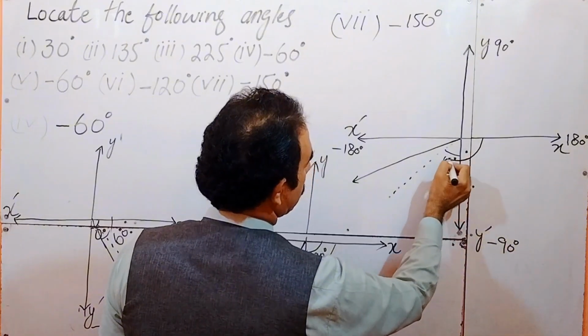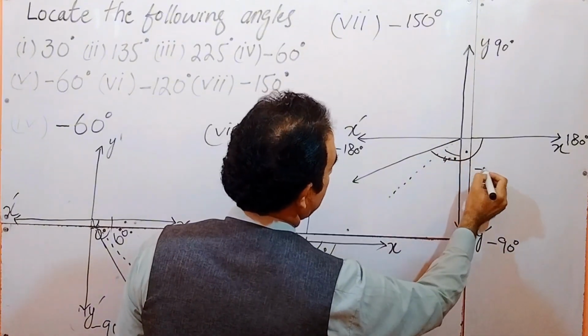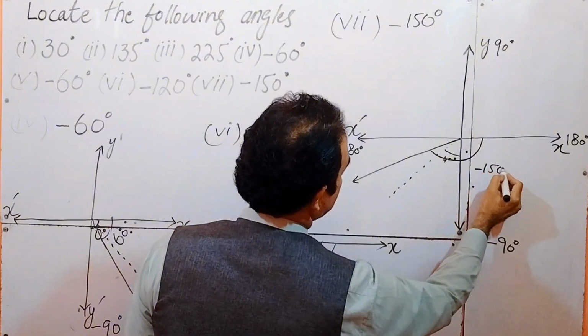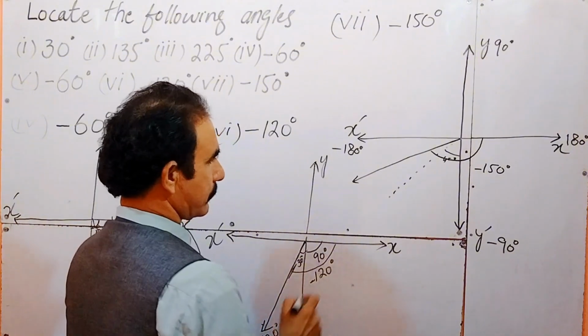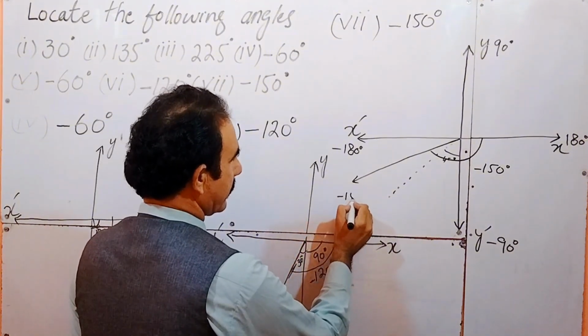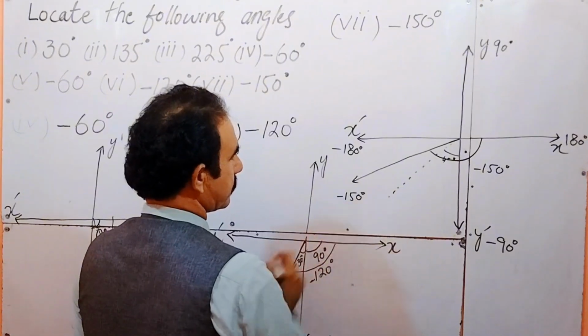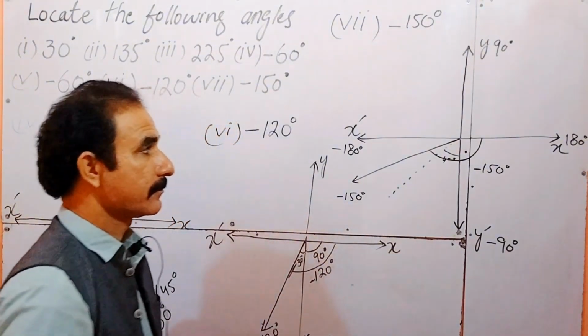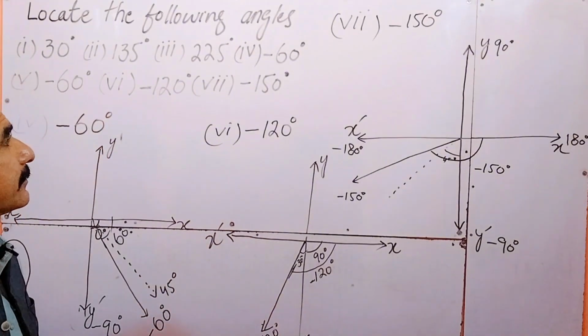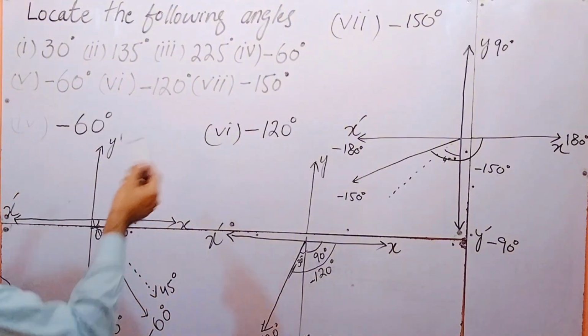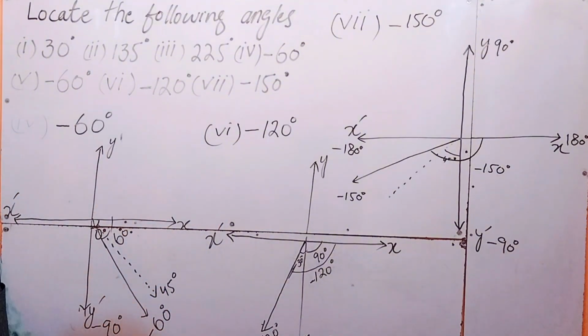From here count, that is minus 150 angle. Dear students, that is a very easy method for drawing angles.